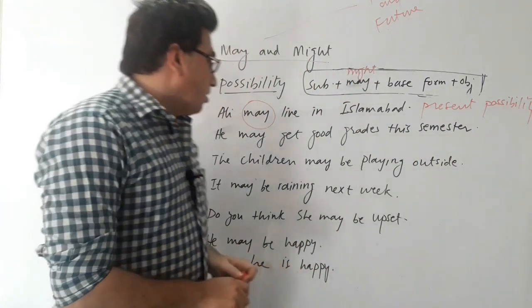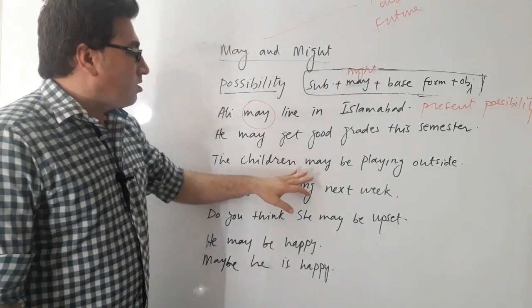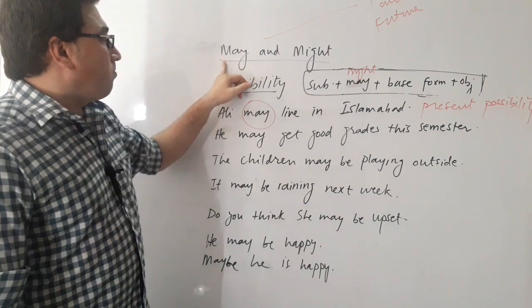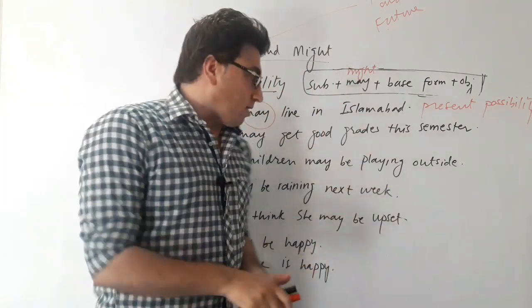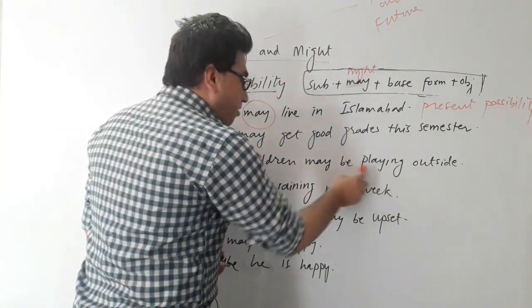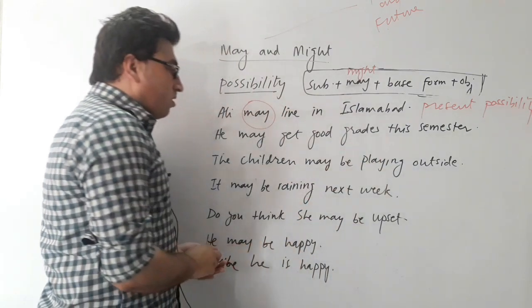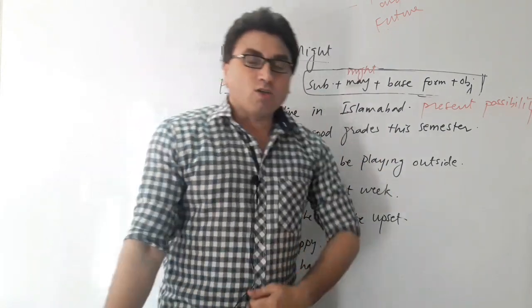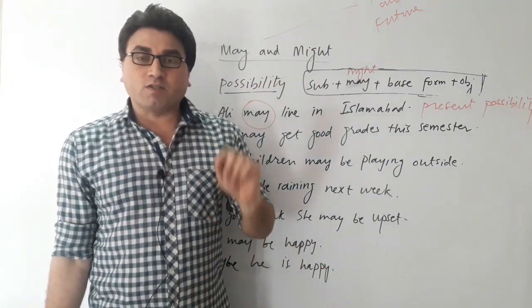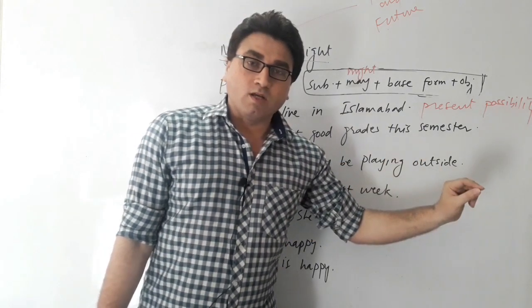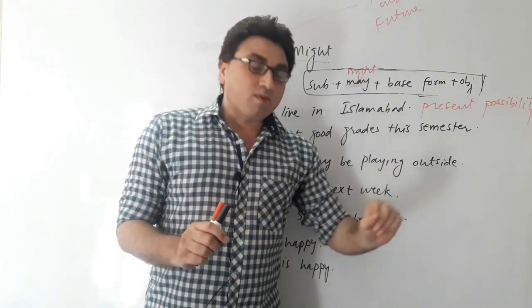Now, we can also use the ing form with may and might, like may be playing or might be playing. It means that we are talking about a possible ongoing action. It is possible something is going on.